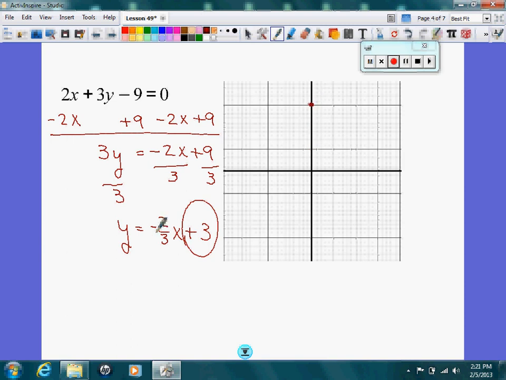And the slope in this case is minus 2 over 3, which means it goes down to the right. Starting at this point, we go down 2, and to the right 3. So here would be another point, and here would be the graph of our line.